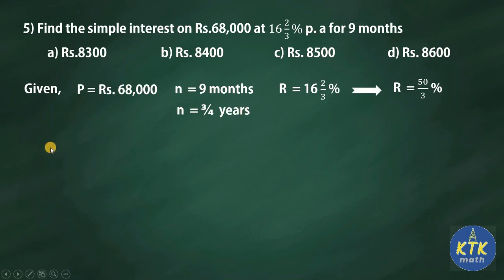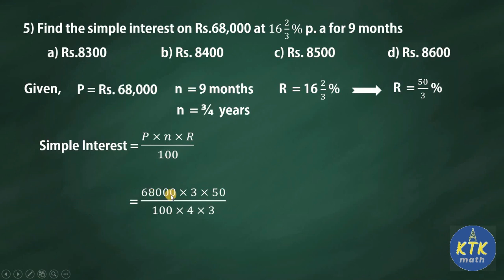Now it's time to substitute in the formula. What is the formula for simple interest? PNR by 100. So substitute all the values there. P value 68,000, n value 3 by 4, with 3 in the numerator and 4 in the denominator. So here I am writing directly in terms of fractions. Similarly the r value is 50 by 3, so 50 comes in the numerator and 3 in the denominator.